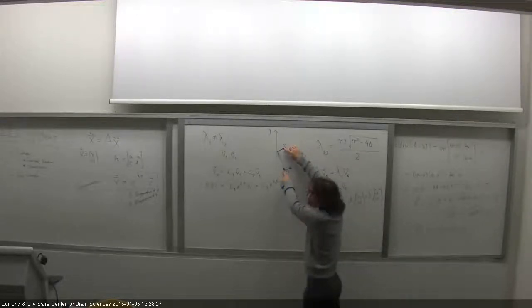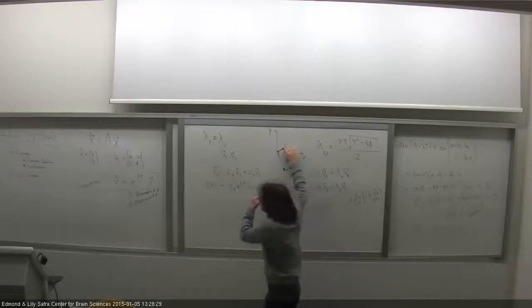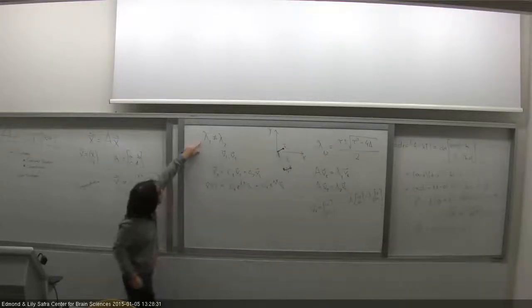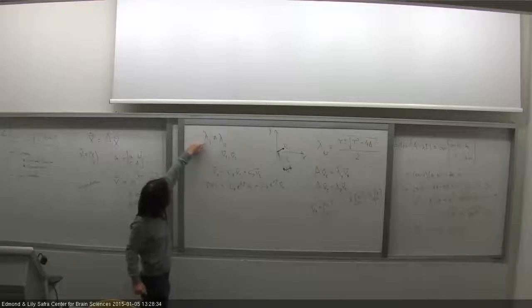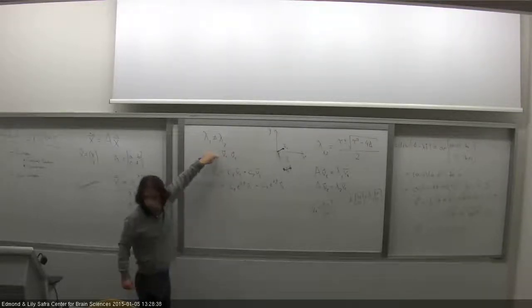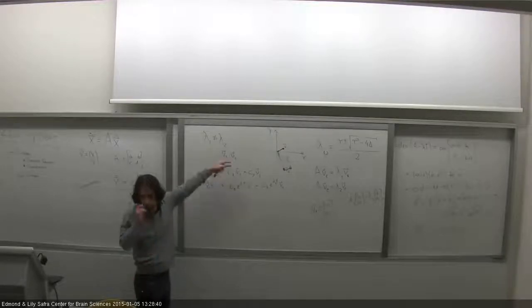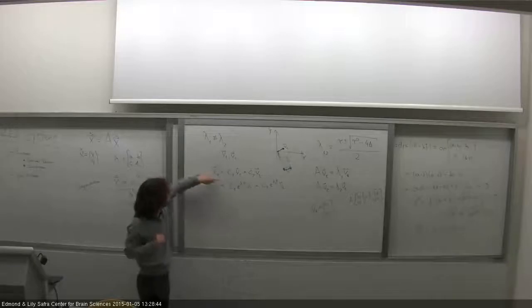Yes, but I'm telling you, and Yoav will teach this more in depth, that if you have two different eigenvalues, then these eigenvectors are linearly independent, and they span the plane. So each point on the plane, each initial condition, can be written as a linear combination of these two.